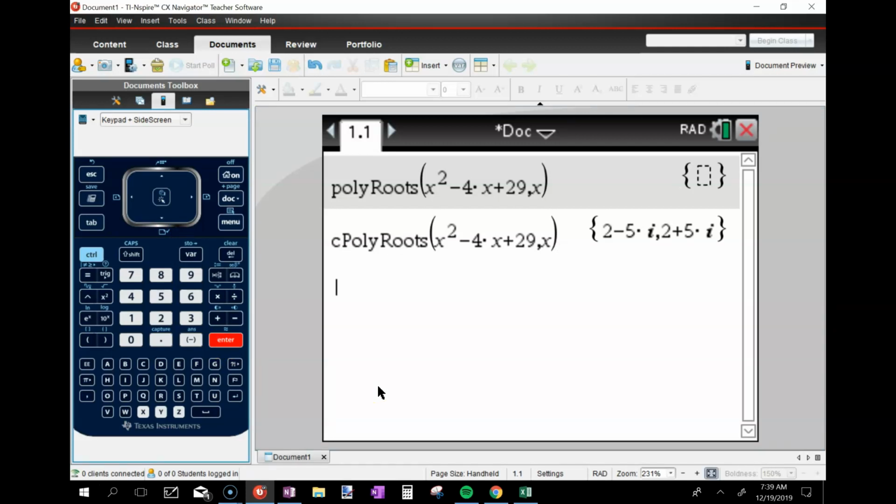So I have a solution of 2 plus or minus 5i. 2 plus or minus 5i. So anytime, guys, that I get the empty set when I do polyroots, what should I follow up by doing? Doing it the same way, except changing real to complex. Okay?